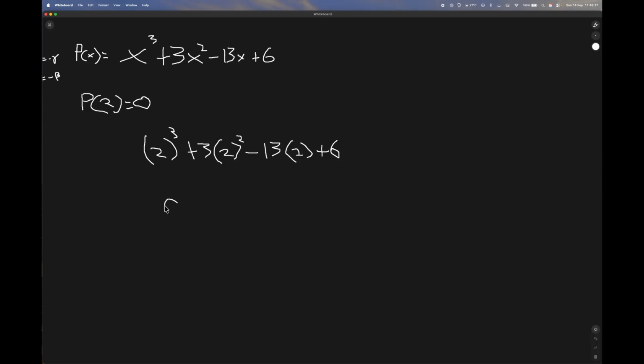So 2 to the 3 is 8 plus 3 times 4 is 12 minus 13 times 2 is 26 plus 6. So minus 26 plus 6 is minus 20. 8 plus 12 is 20. 20 minus 20 is equal to 0. There we go.